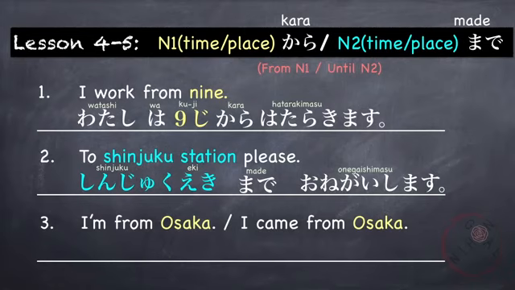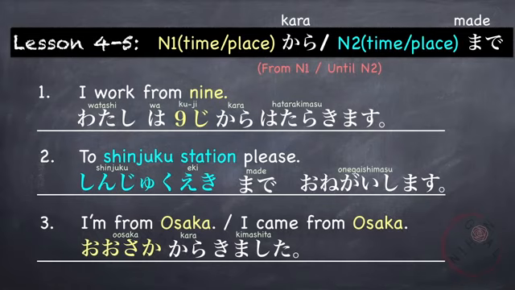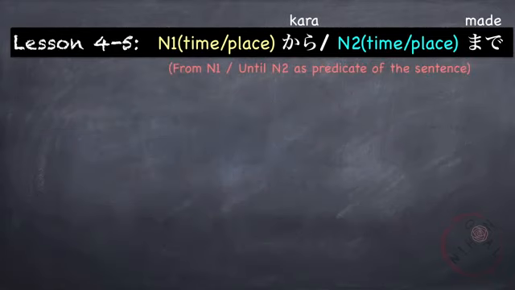Next example, I'm from Osaka or I came from Osaka. So you know this pattern from lesson 1. 大阪から来ました. 来ました means came, the past form of come. 大阪から来ました. I'm from Osaka.